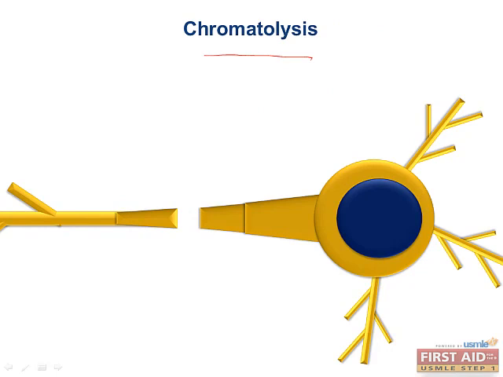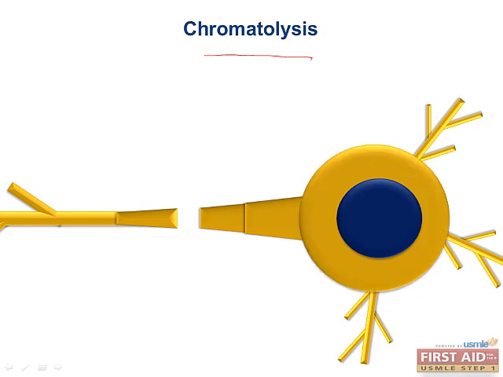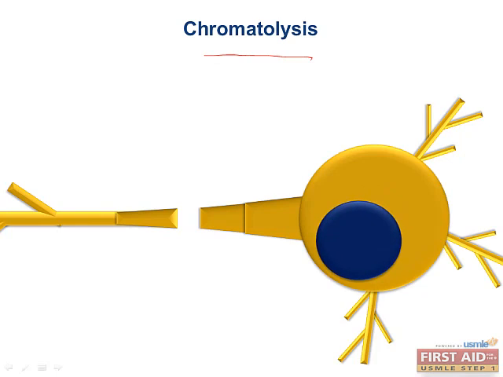So, there are three main changes that you need to know for your USMLE exams. The first is swelling of the cell body. The second is displacement of the nucleus. And the third, can you guess? What's going to need to happen if there's injury here? We're going to need to repair it, right? We're going to need an increase in protein and other substances to repair this damaged axon.